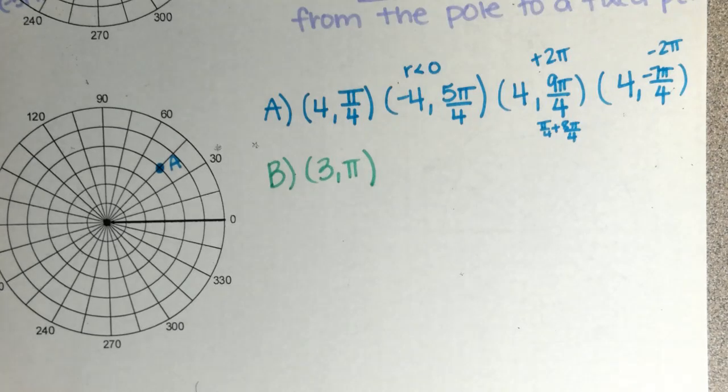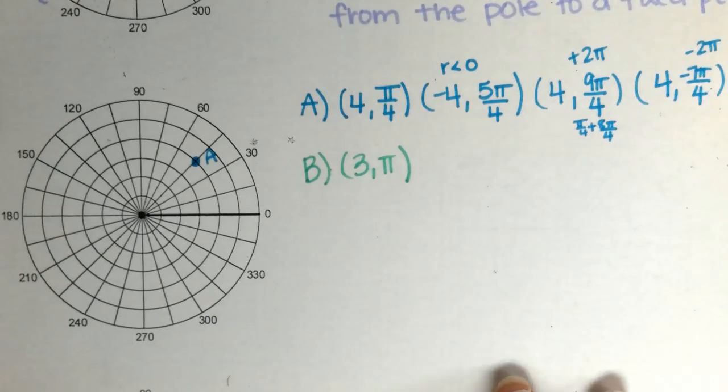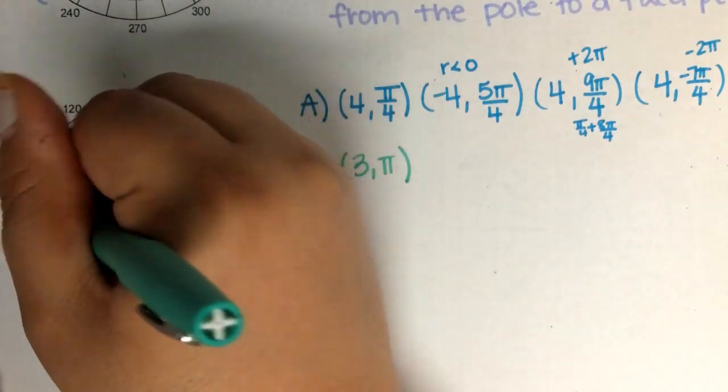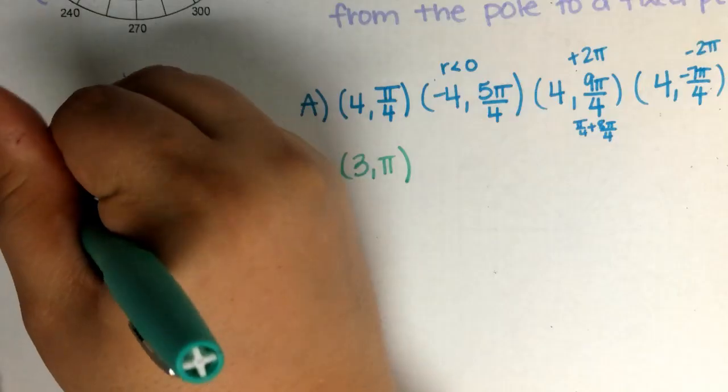Okay, if I wanted a negative r, go the opposite direction. Where am I going to end up? Oh, here, 1, 2, 3. Is this where you plotted point B?